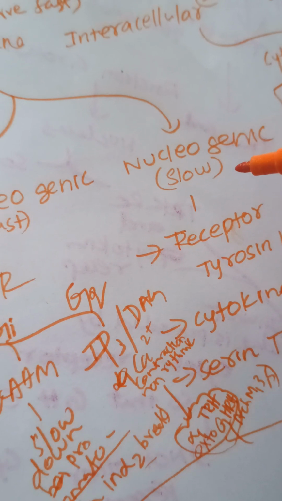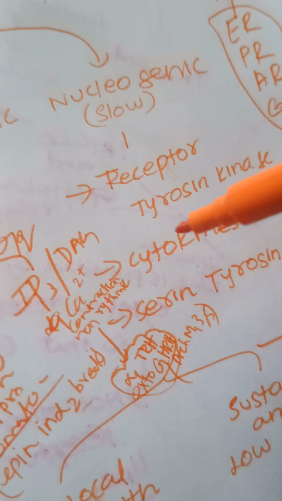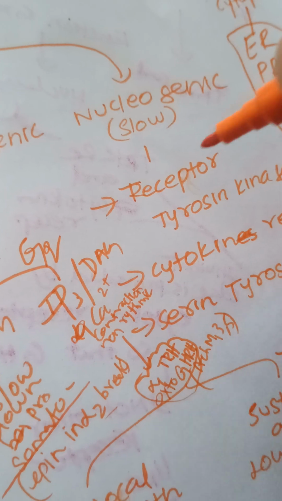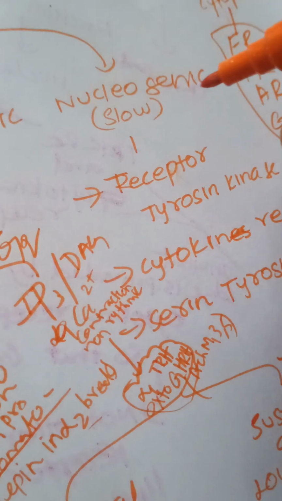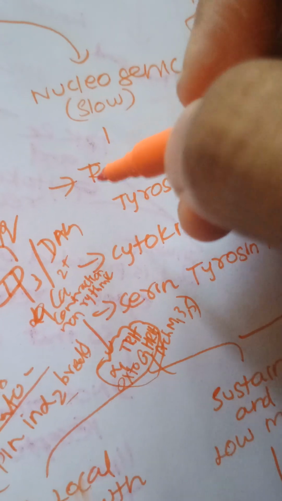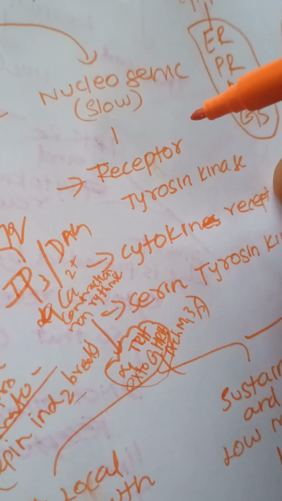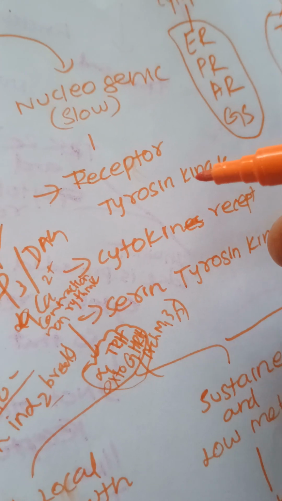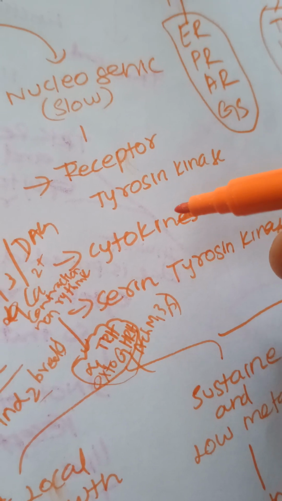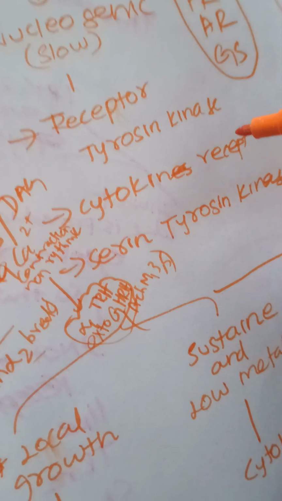Next, the non-nucleogenic receptors like tyrosine kinase receptor and cytokine receptor. If the hormone wants fast, local, rapid growth, it acts through the receptor tyrosine kinase. If the hormone wants sustained metabolic reaction, it acts through the cytokine receptors, like growth hormone.